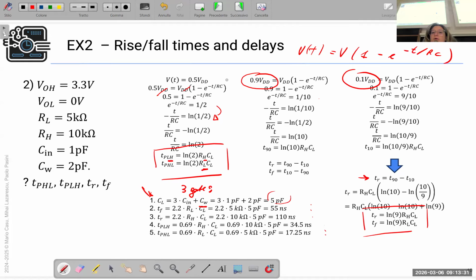Then you can derive everything you want, applying the condition to V(t), which can be V alpha or 0.1 volt and so on. Go through this and then you can derive every formula of the timing delay. Okay?